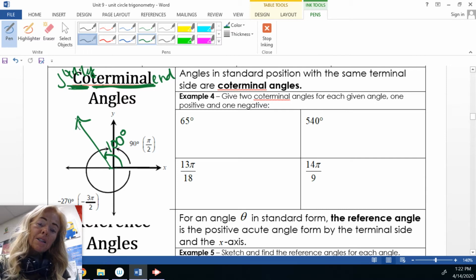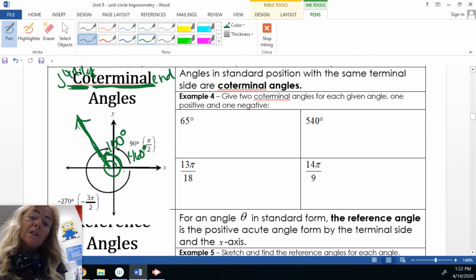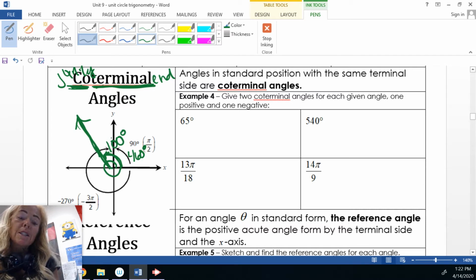I would have that same terminal side if I traveled 100 degrees or if I went 360 plus 100 degrees for 460 degrees. Without this little rounded part here to show the angles that you traversed, you would see 100 degrees as the same as 460 degrees because they have the same terminal side for the angle.